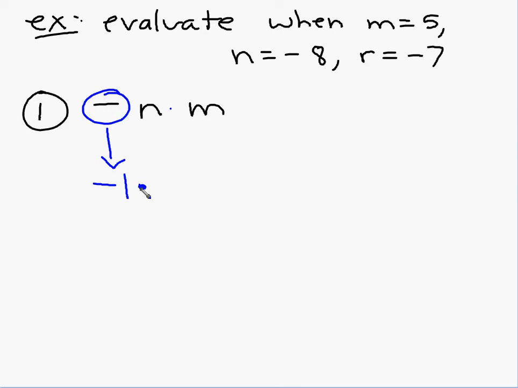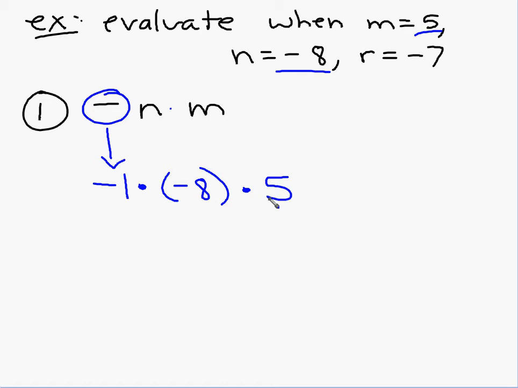Treat that as a negative 1. Now, what is n? N was negative 8. So it's negative 1 times negative 8 times m is just 5. And that's how you need to treat that problem. That little negative out in front is just a negative 1.